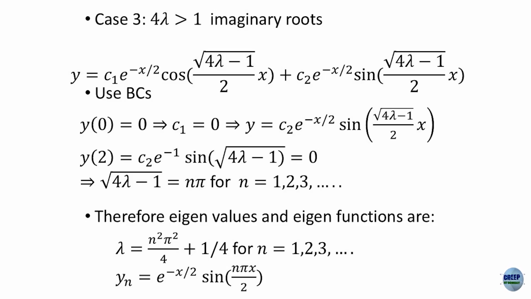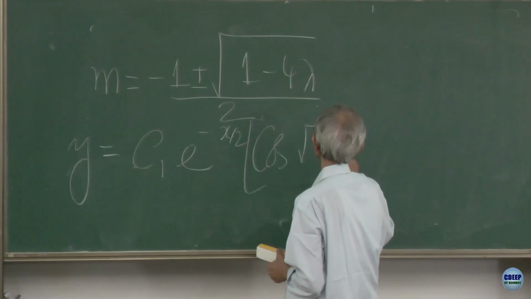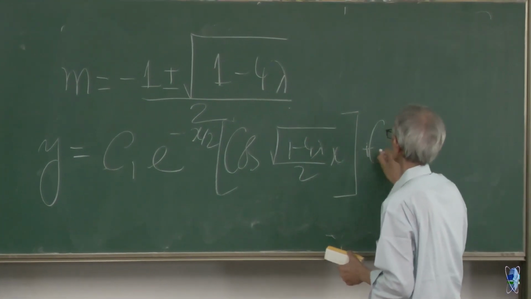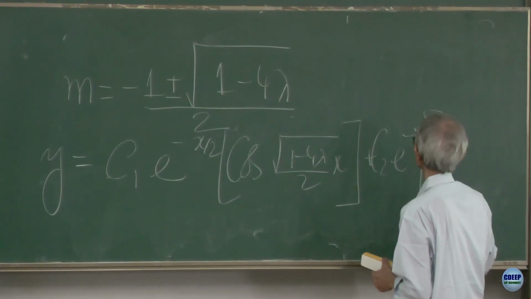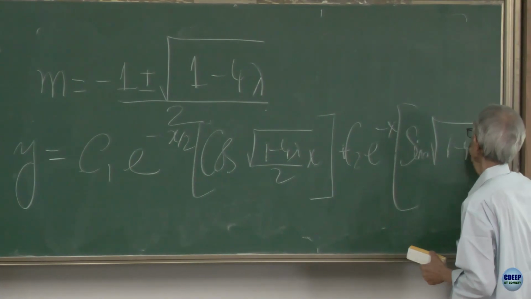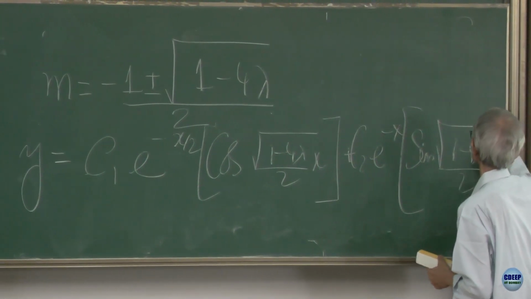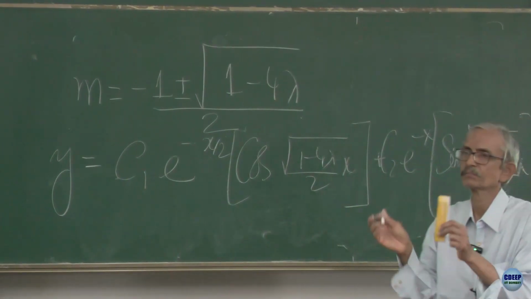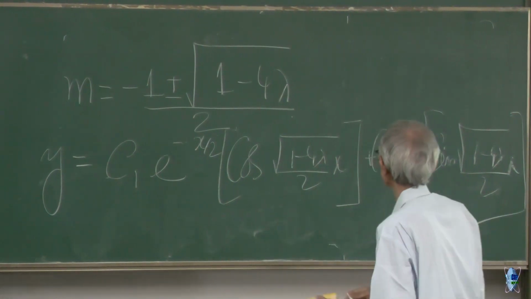So y becomes equal to c1 e to the minus x by 2 cosine of root of 1 minus 4 lambda by 2 x plus c2 e to the minus x by 2 sine of root of 1 minus 4 lambda by 2 x.